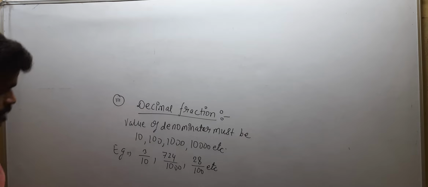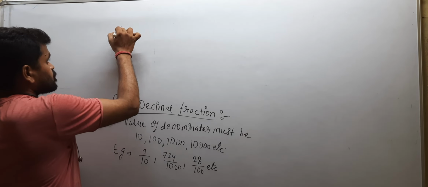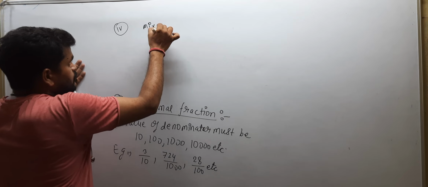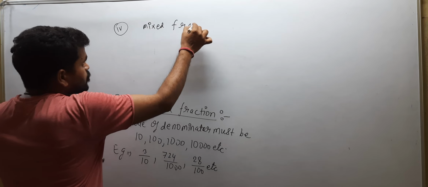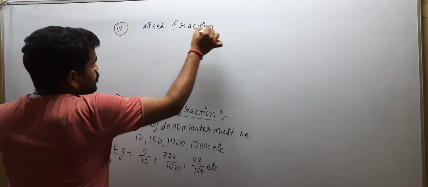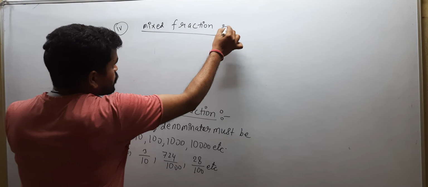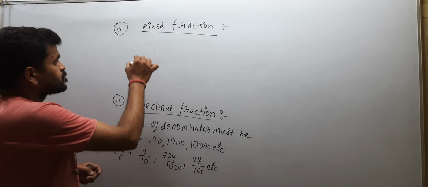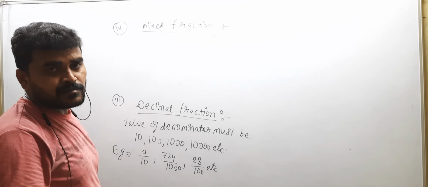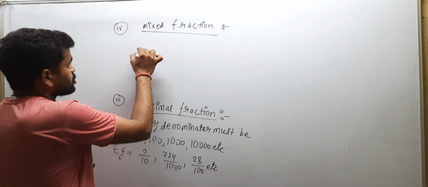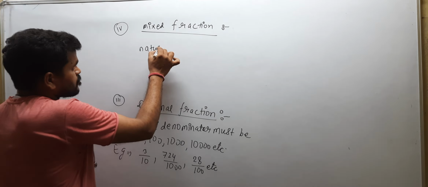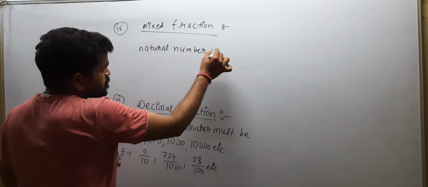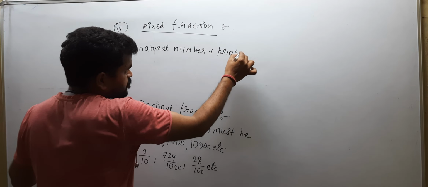The next fraction is the mixed fraction. What is a mixed fraction? The fraction which is a combination of a natural number and a proper fraction: natural number plus proper fraction.